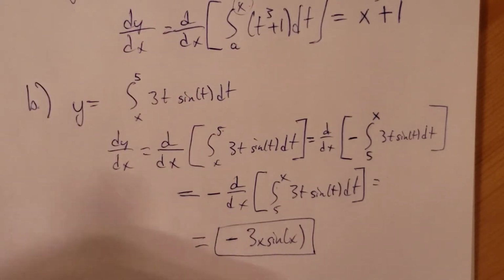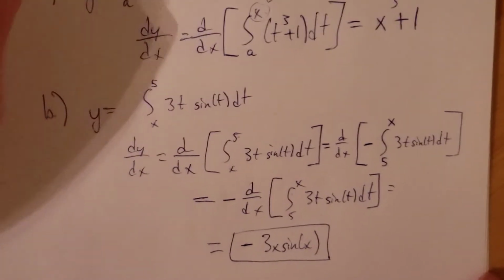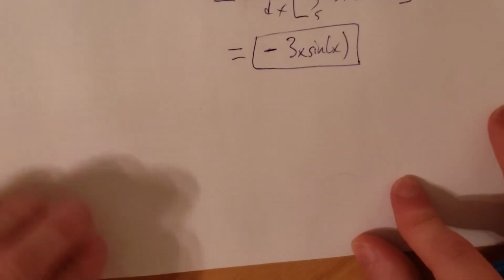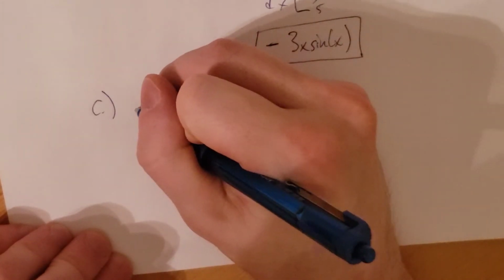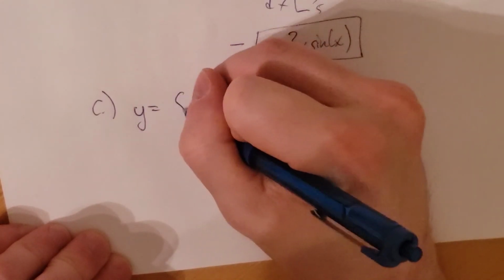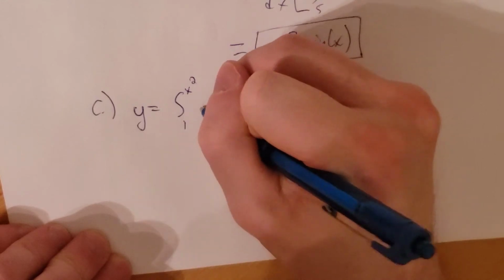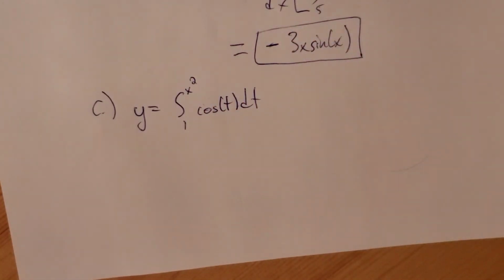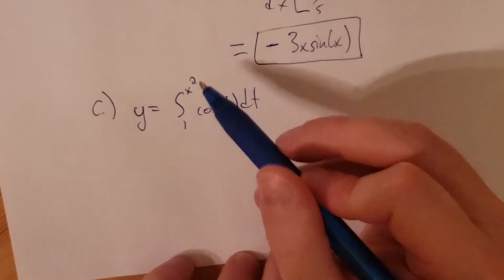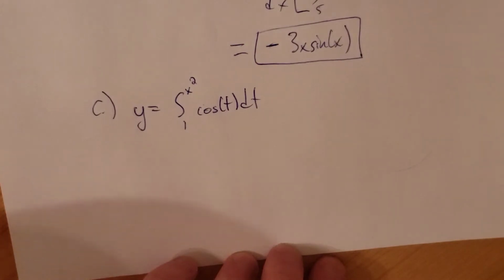All right, we have one more example to do in this video. And that is, suppose y is equal to the integral from 1 to x squared of cosine of t dt. Now here's the issue. We have an x squared up here.